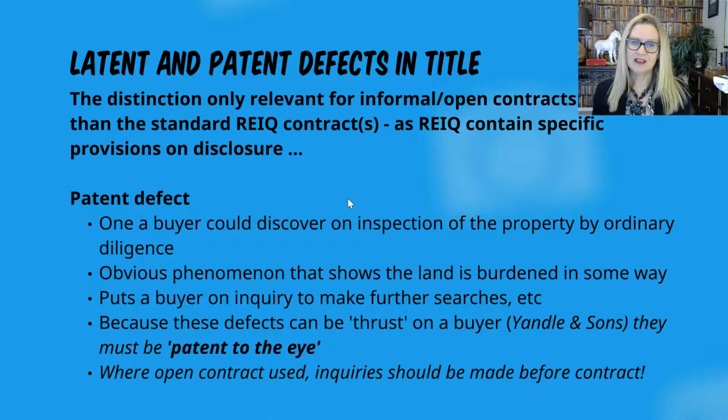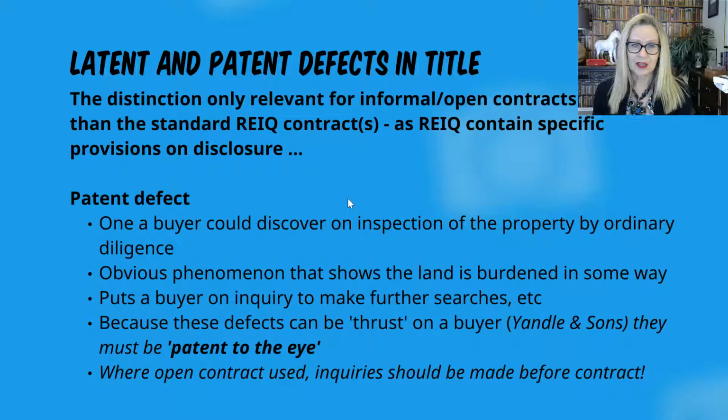So these are the kinds of things that the seller doesn't have to worry about pointing out. As I say there in Yandel and Sons, the test is they have to be patent to the eye, patently obvious, okay? These kinds of things can be thrust on a buyer even without the seller having disclosed, because they're obvious.